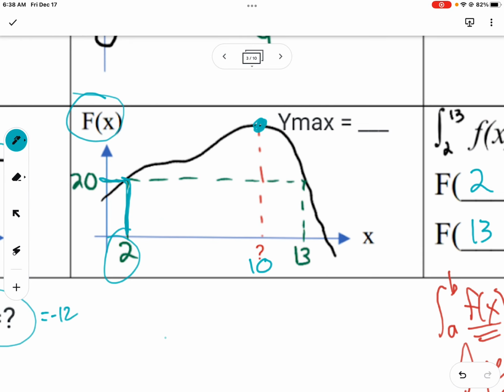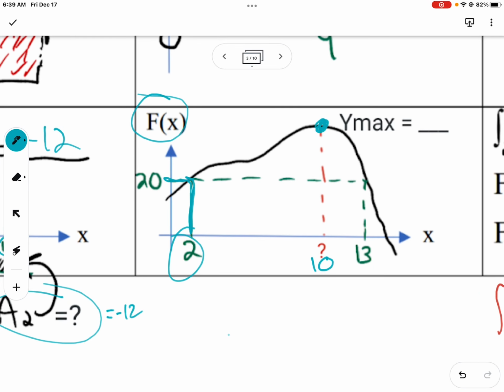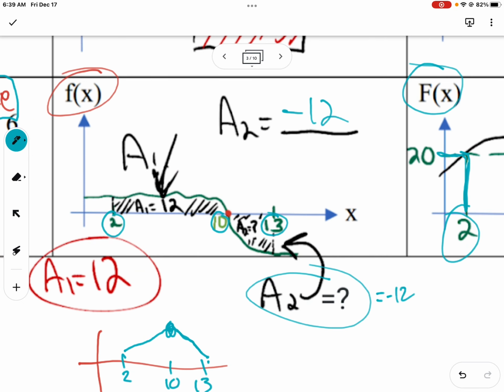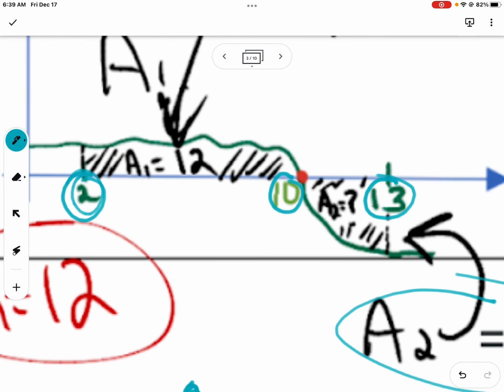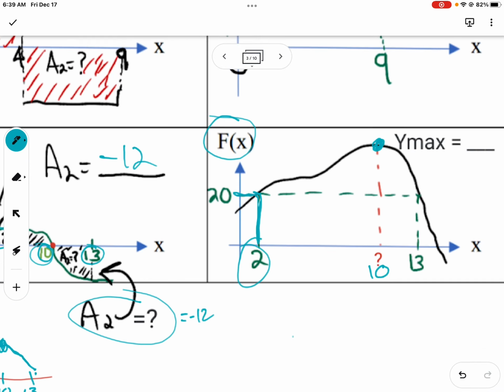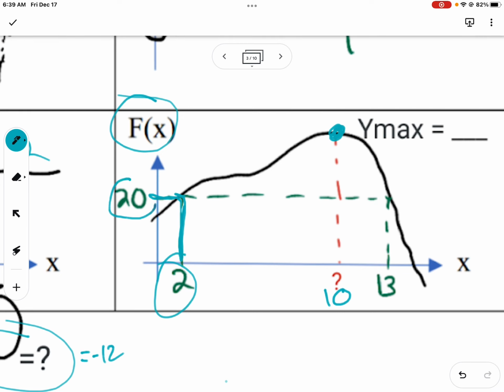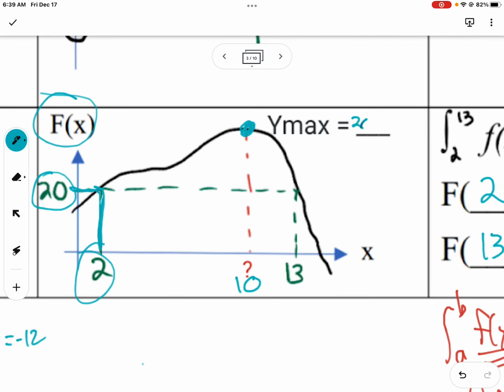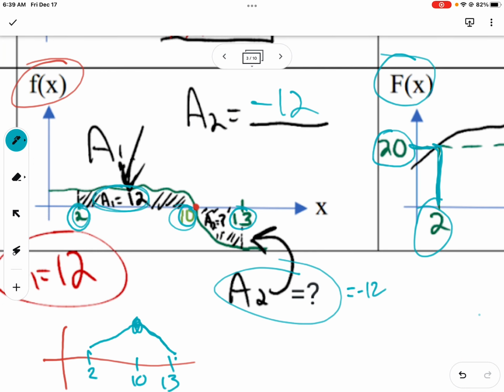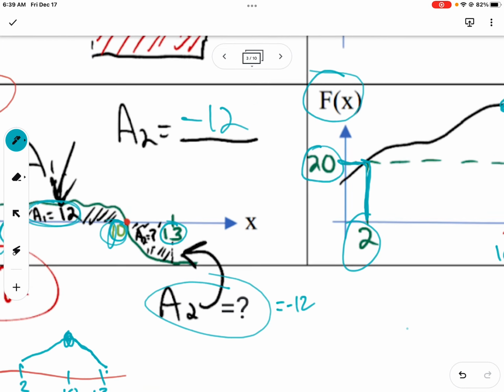Last thing, what's the maximum y value? What do I know about the area from 2 to 10? I know it's 12. And the area under the rate graph is equal to the change in y value on the original. So we start at 20, and the area between 2 and 10 was 12.